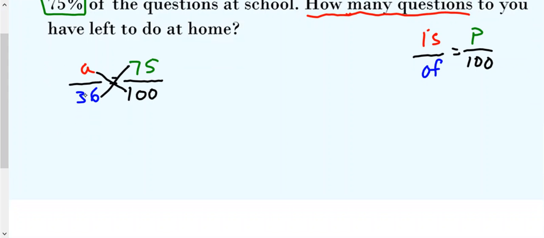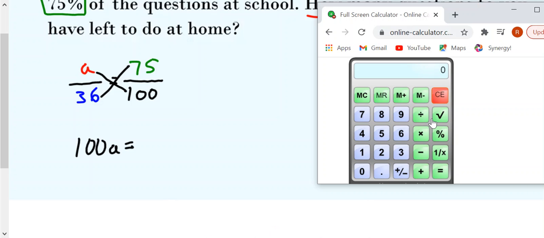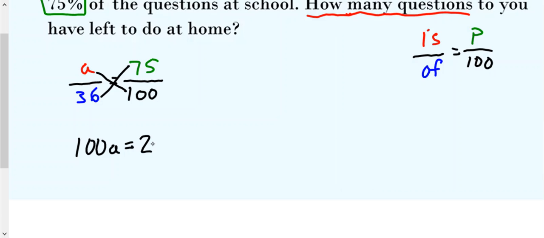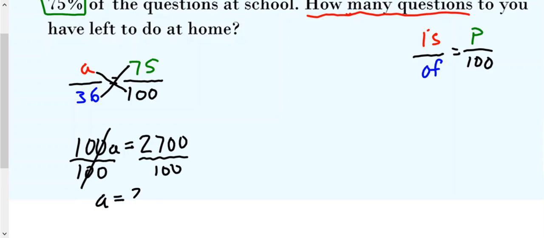And we get 100 times A will be 100A equals 36 times 75. 36 times 75 equals 2,700. So we get 2,700. And now we can divide by 100 to solve for A. That will cancel, leaving just A. And 2,700 divided by 100 will be 27.